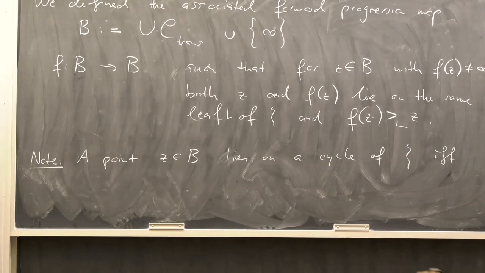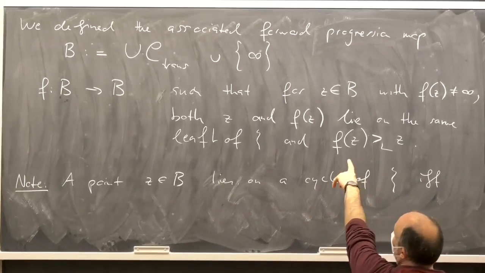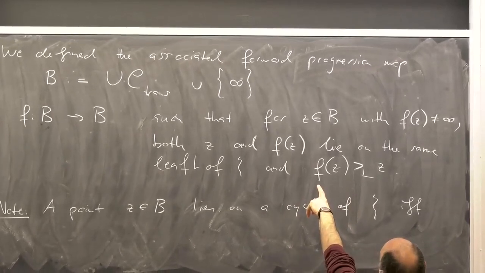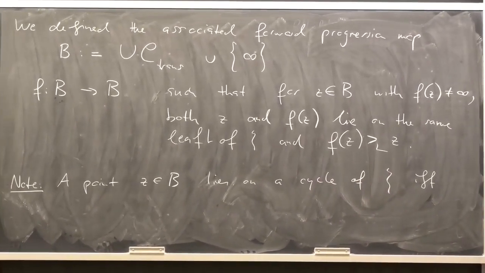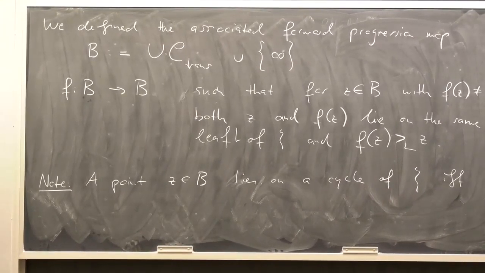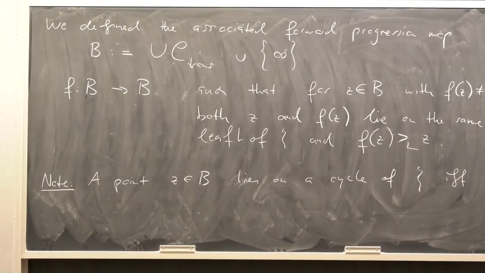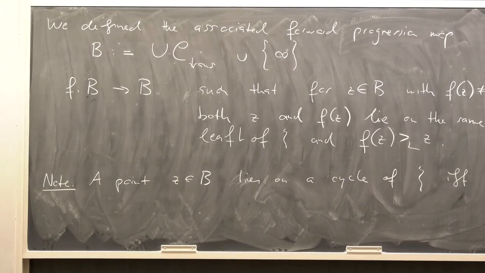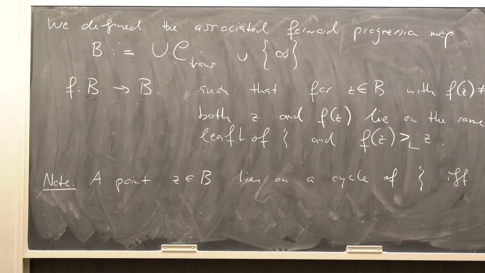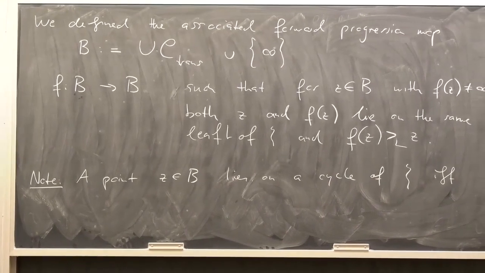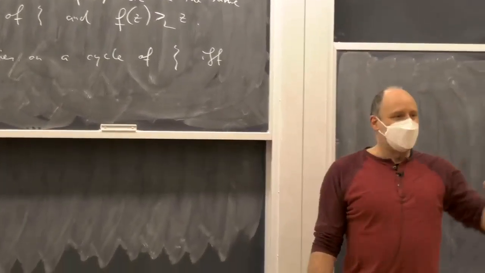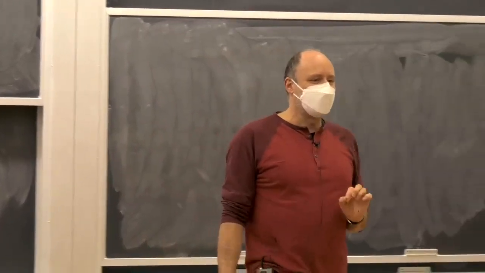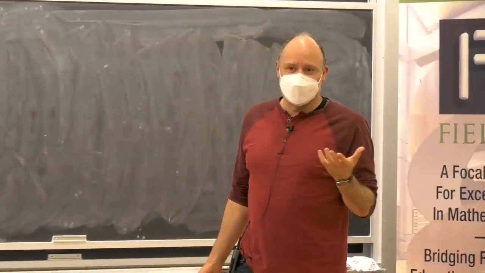Well, what happens if it lies on a cycle? The first image is going to be another point on the same cycle, and the next point could be my original Z again, or not, in which case it's yet another one. But eventually it will have to come back because a cycle is compact, and every time we map it to a new point, it can't accumulate.